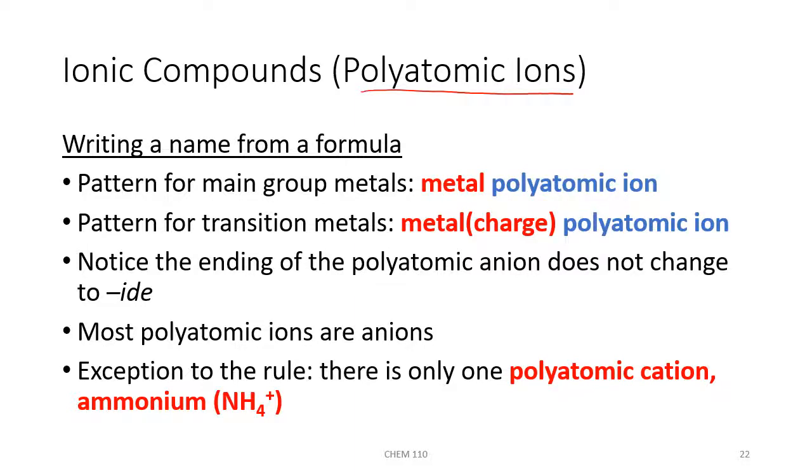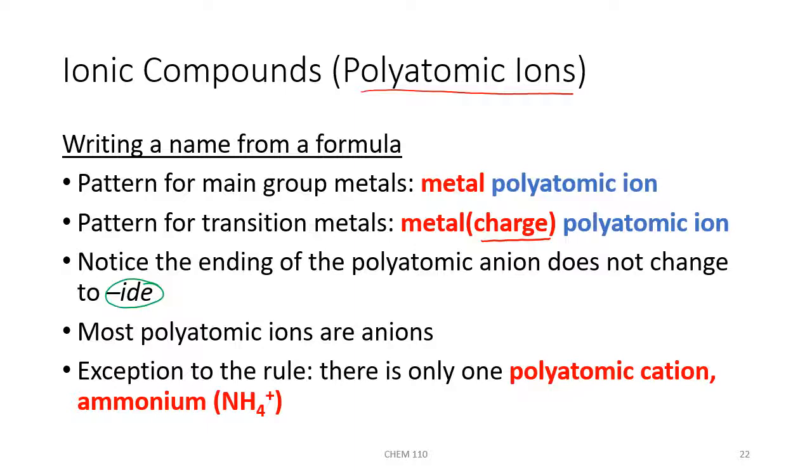When we're writing a name from a formula, there's a couple patterns we can follow. If we have main group metals, the trend will be naming the metal, followed by the polyatomic anion. If we have transition metals, we list the metal, followed by the charge in parentheses, and then the polyatomic anion after that. We do not change the ending or the suffix of the polyatomic ion to "ide."